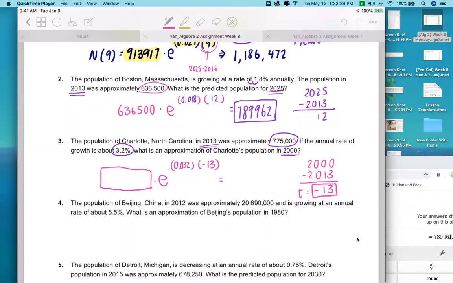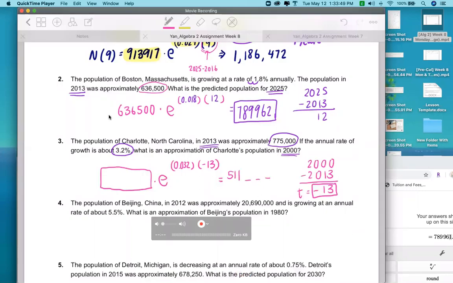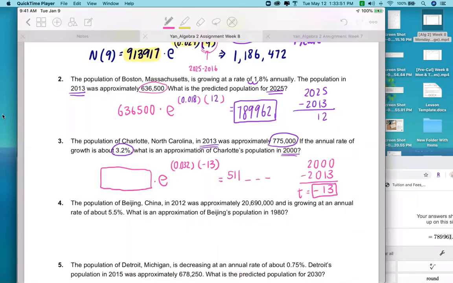Yes. So again, if your answer starts with 511, you got the right answer. It starts with 511 and then something, something, something. I just don't want to give it out, but go ahead and check your answers again if your answer starts with a 4.